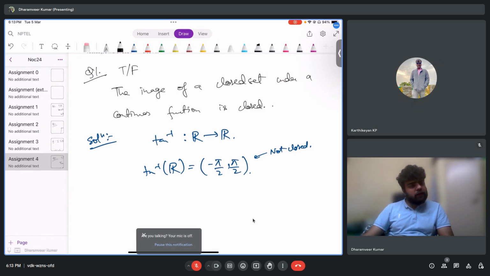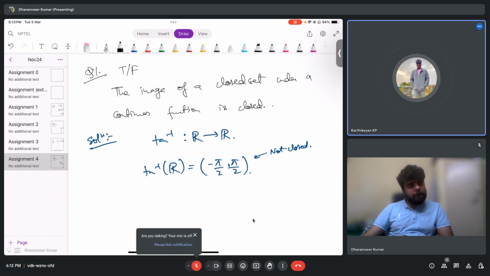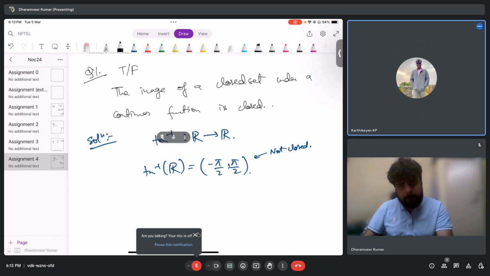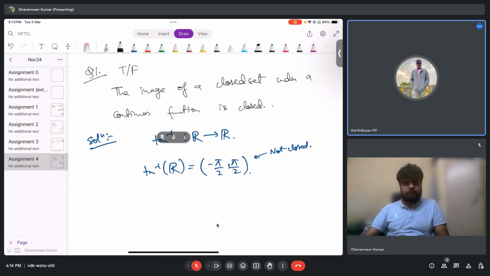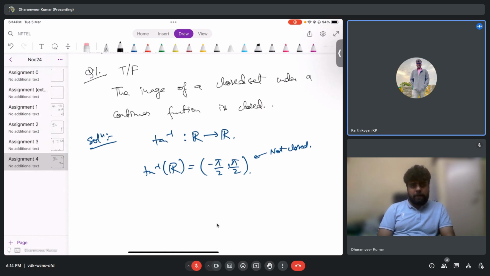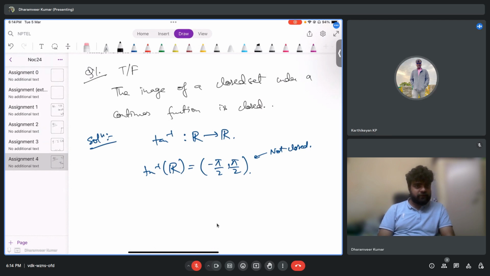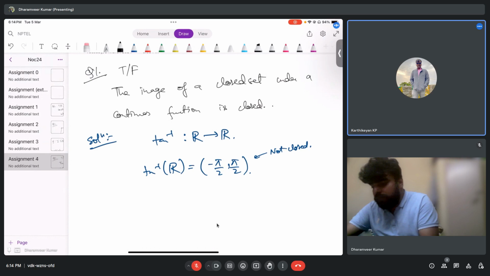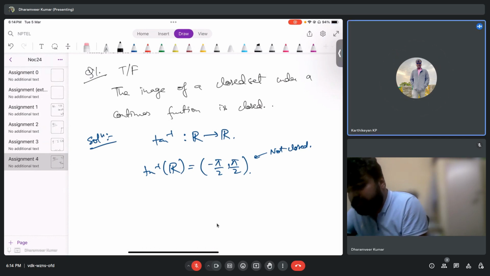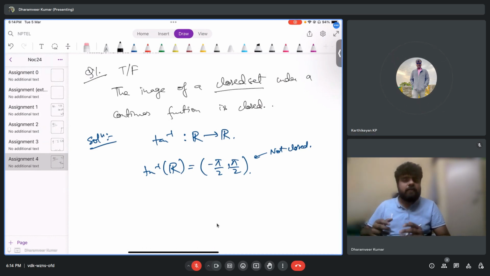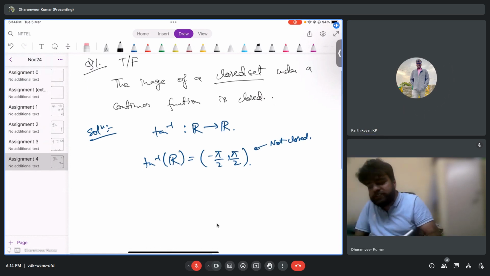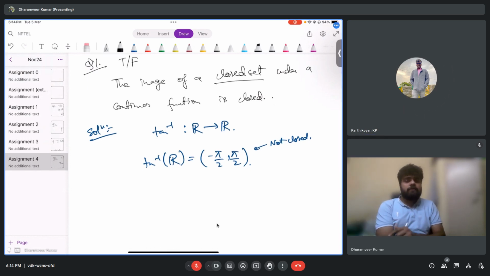No, that is not necessary. But R is not a closed interval. So you have to give this for a general closed set. If you have a question about the image of a closed set, will it be closed?